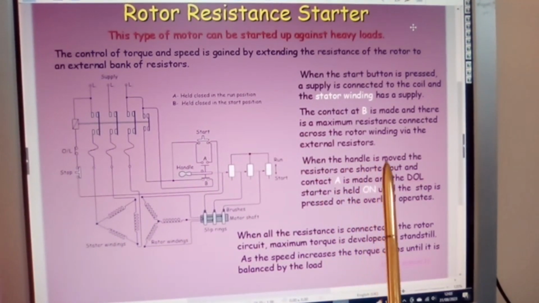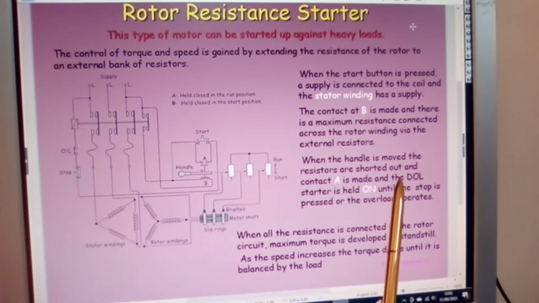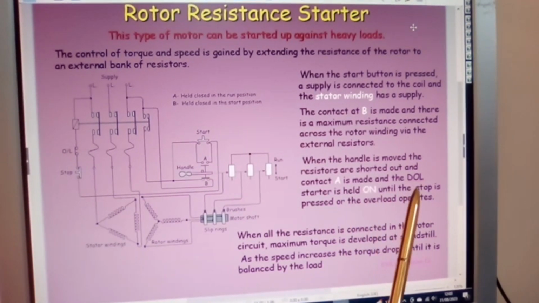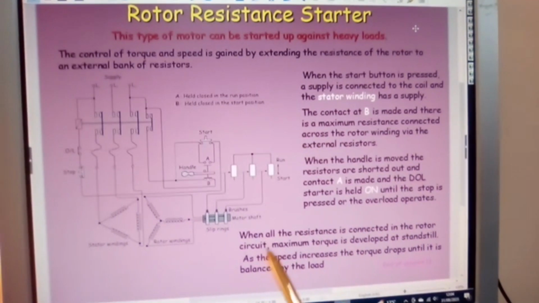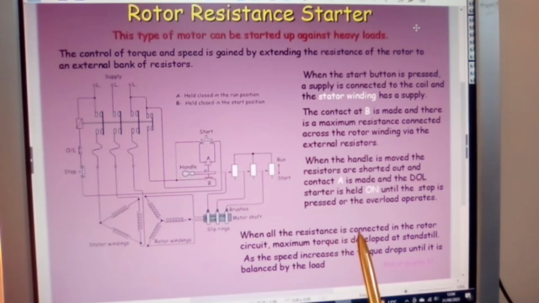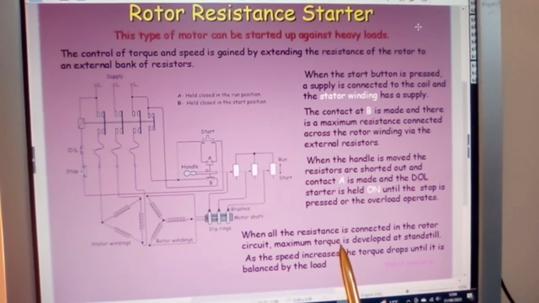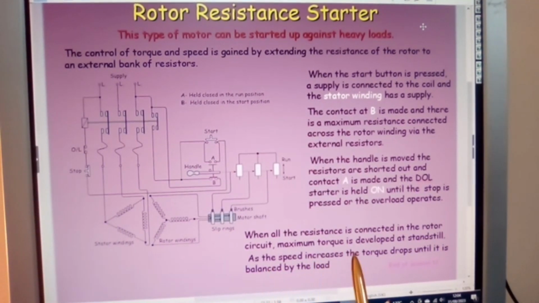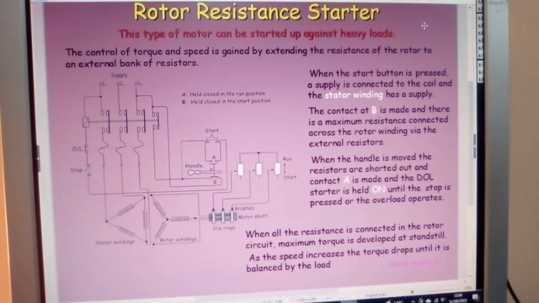When the handle is moved, the resistors are shorted out and contact A is made, and the DOL starter is held on until the stop is pressed or the overload operates. When all the resistance is connected in the rotor circuit, maximum torque is developed at standstill. As the speed increases, the torque drops until it is balanced by the load.